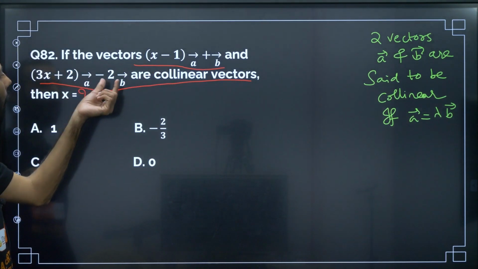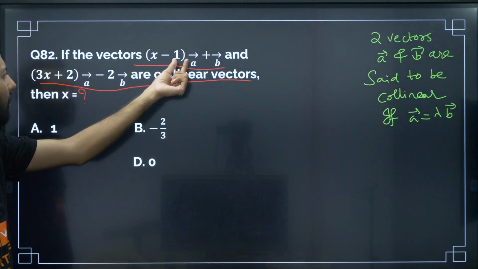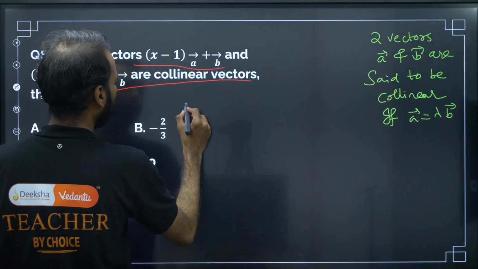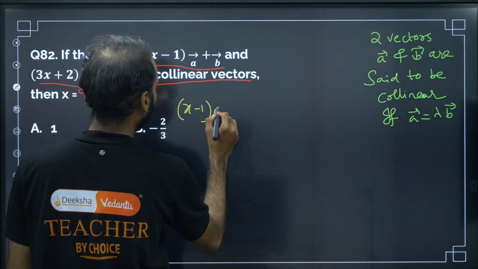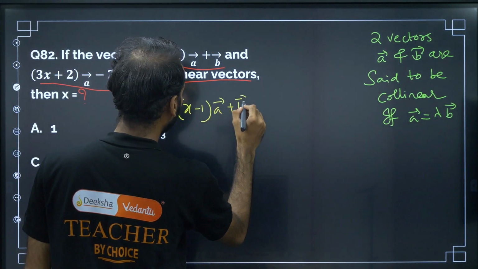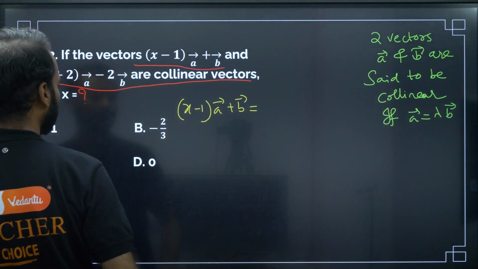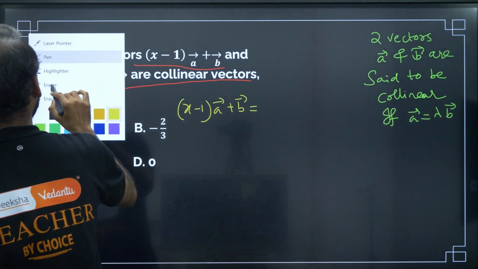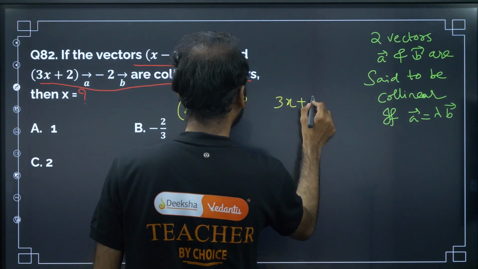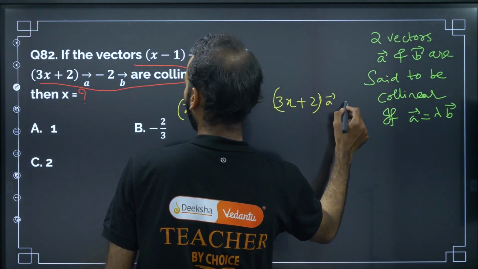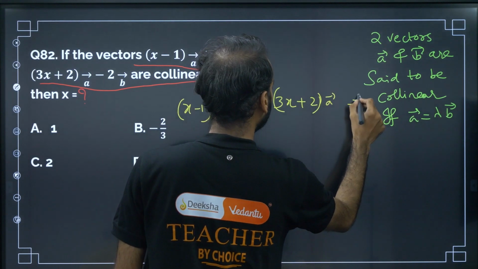Once again I will write the question. If vectors are collinear vectors, because you are not able to see, bro, that's why I am writing: x minus 1 A plus B and 3x plus 2 A minus 2B are collinear.